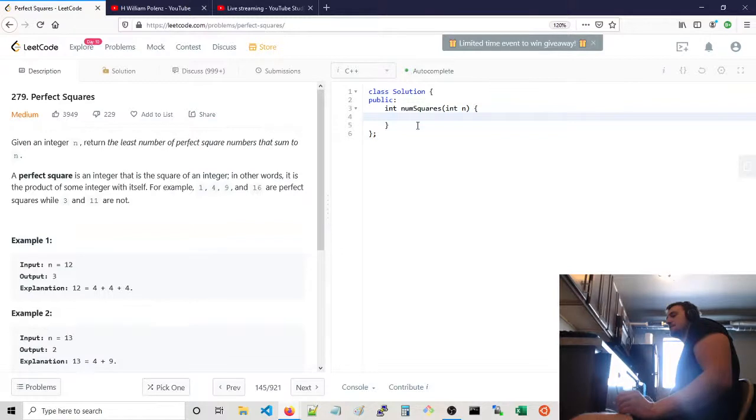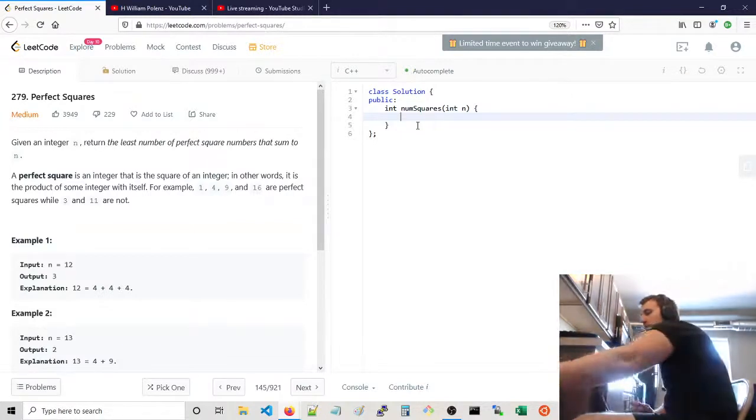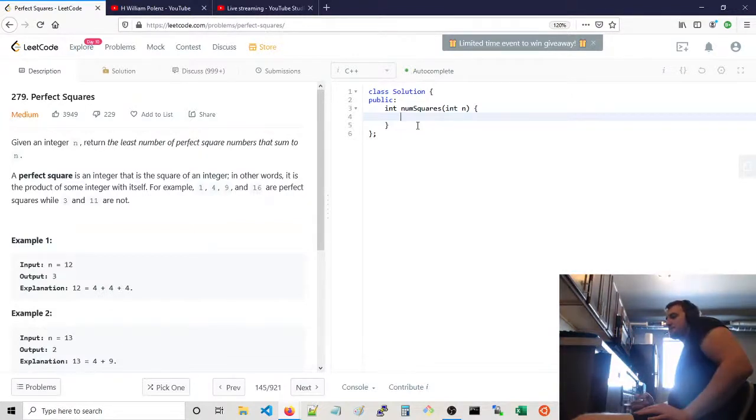Let me just think here. Does that work the same way? We have an array of 100 numbers, and each one you're going to add some perfect square and take the minimum of all of those.